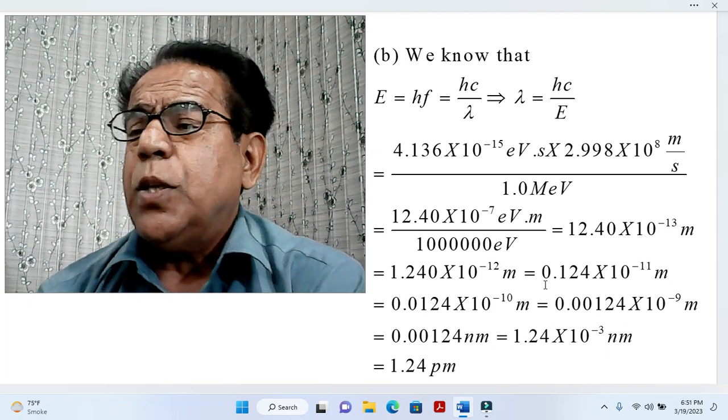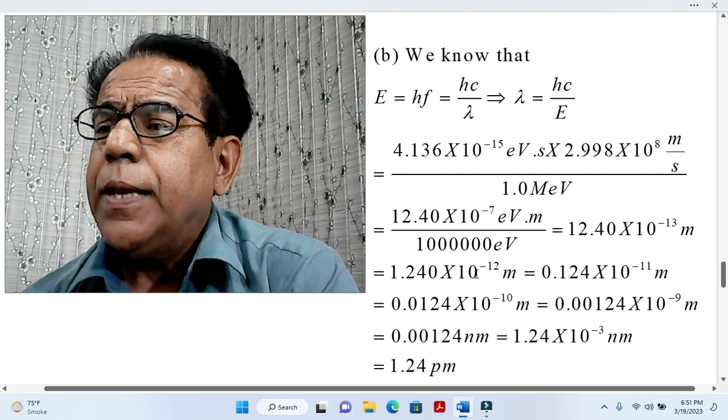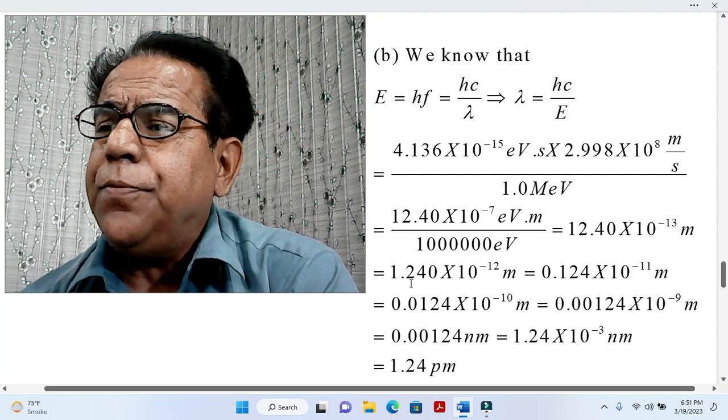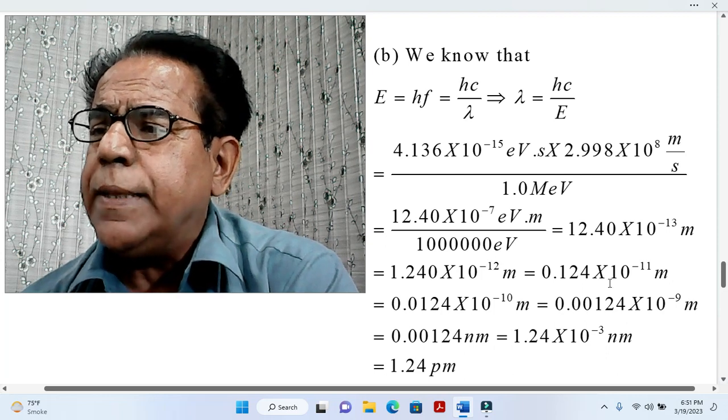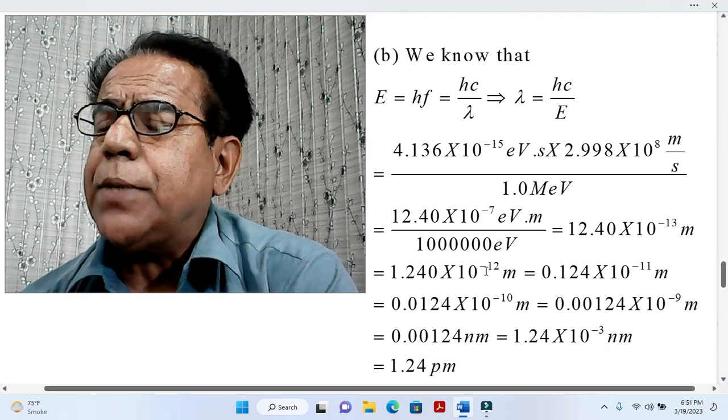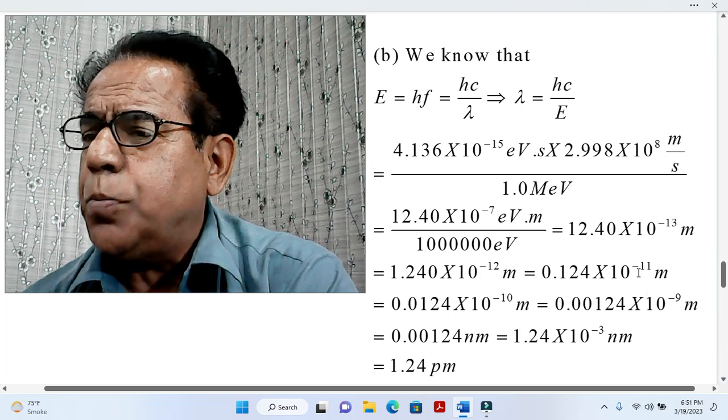Okay, so when 1.240 is converted into 0.124, then 10 raised to the power minus 12 will be converted into 10 raised to the power minus 11.